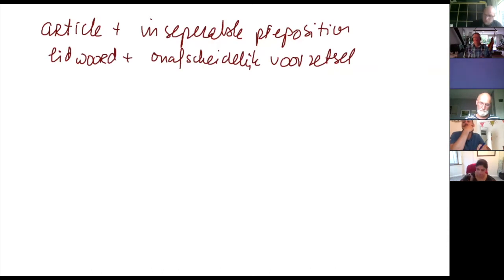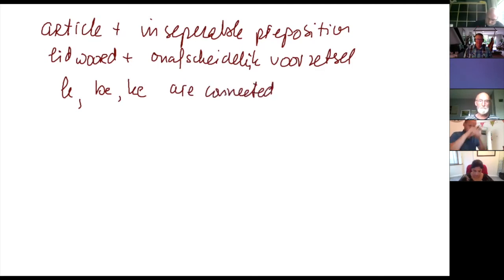Because in Hebrew, the inseparable prepositions le, be, and ke are always connected to the noun.